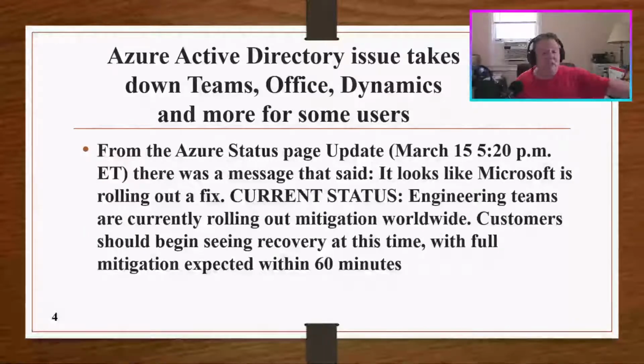From the Azure status page update on March 15th, 5:20 p.m. that same day, there was another message that said, "Current status: engineering teams are currently rolling out mitigation worldwide. Customers should begin seeing recovery at this time, with full mitigation expected within 60 minutes."